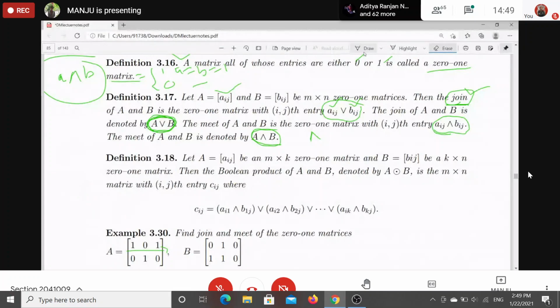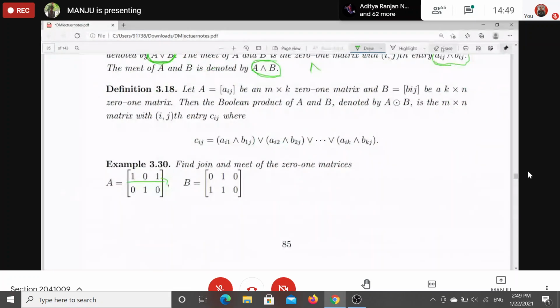Yes, ma'am. Clear. For example, you can find the join and meet for these matrices. So first check whether both have the same order. Both have the same order, 2 cross 3, and are 0, 1 matrices. Only then can we find the join and meet. Join will be A disjunction B, and meet will be A conjunction B. So can you tell me what the answer is?